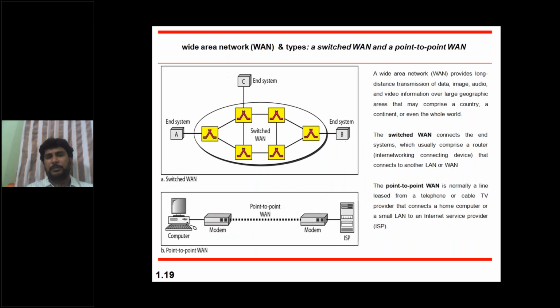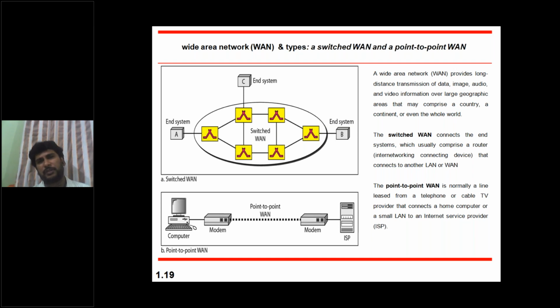And next, the most important one is when you are trying to connect devices which are very far from each other. Those types of networks are called wide area networks. To implement wide area networks, we have two different strategies.